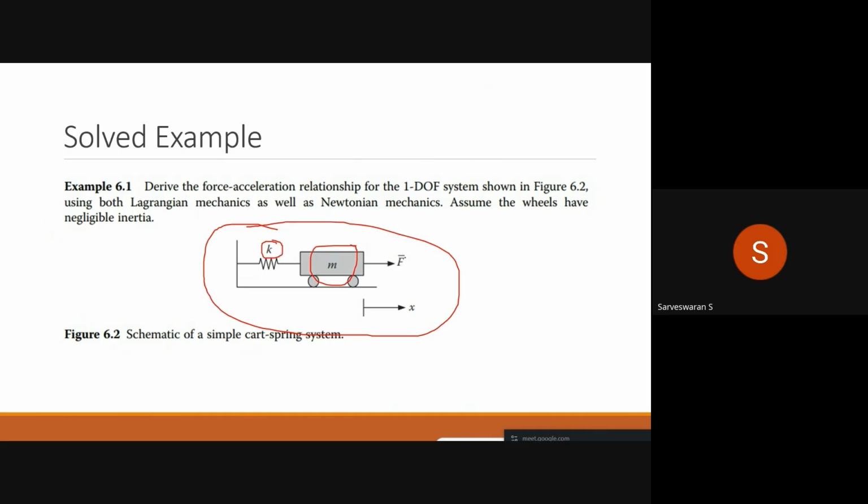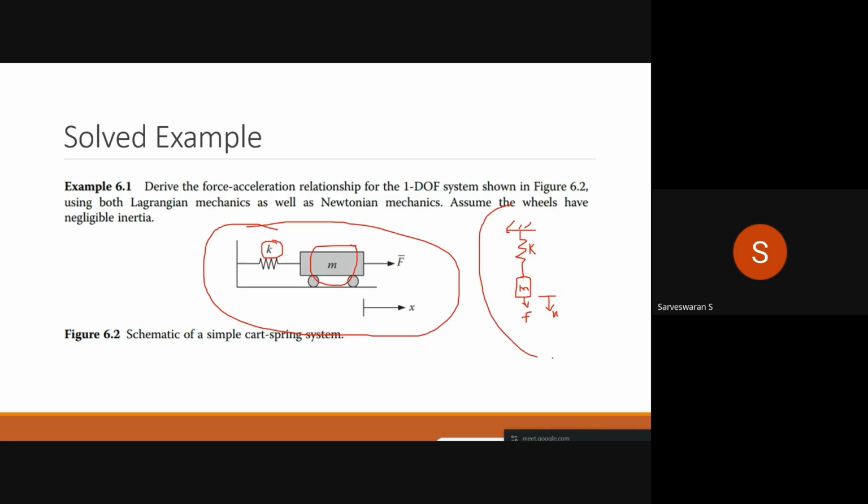So we provide a force. It is similar to this, which you might have solved in your mechanical courses. We have M over here, and we provide some force over here. This one and this one are the same. There is some initial displacement x which is provided, and this is M and this is K, and this is the fixed end.